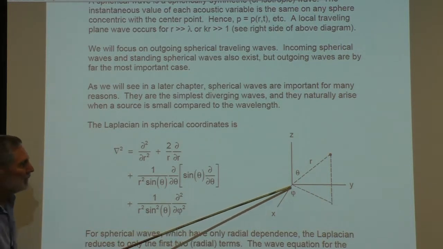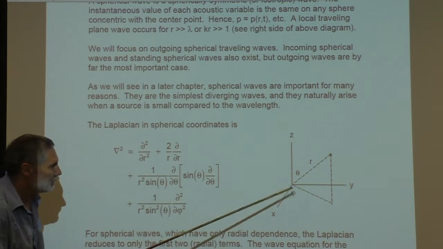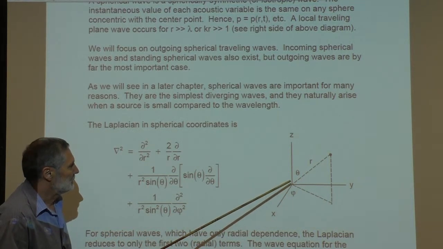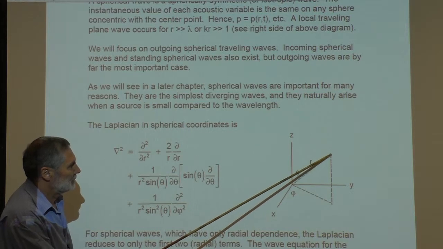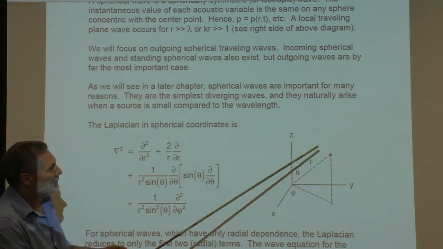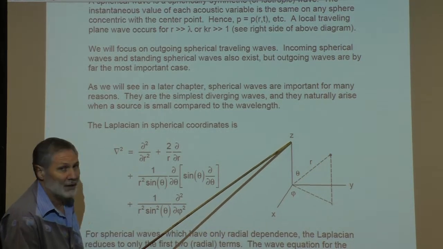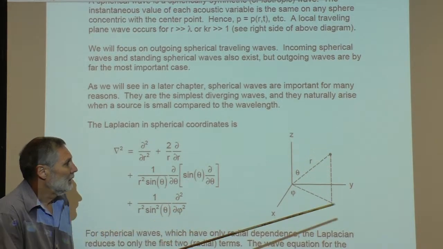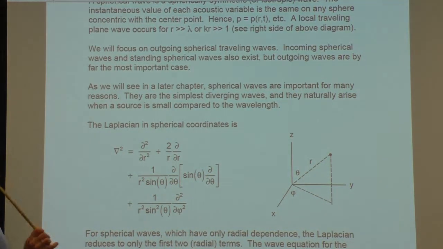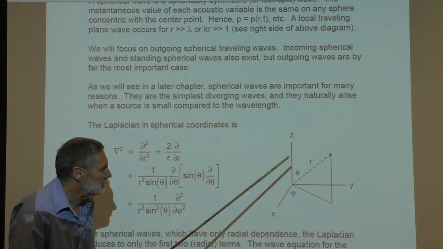And you remember what spherical coordinates are, right? If these are rectangular coordinates, x, y, z here, the distance r is the distance from the center here to some point. The polar angle theta is the angle made by this line right here from the z-axis, okay? And then phi is the azimuthal angle, which is measured from the x-axis here.